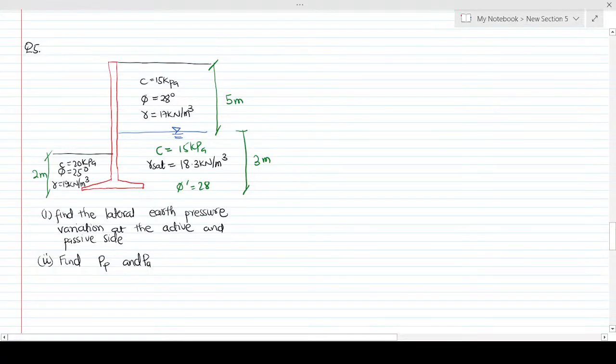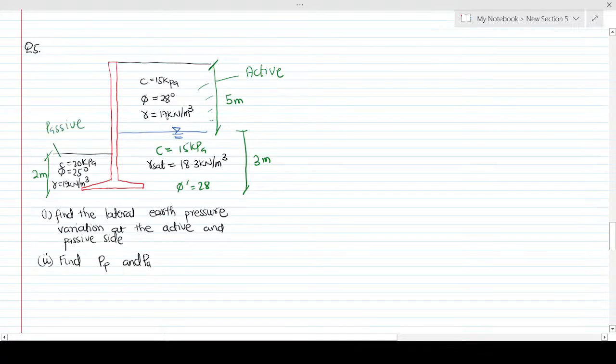So in this case, there is soil on the surface. This side of the retaining wall is in the active condition, this whole side is the active, and this side is the passive. Why?